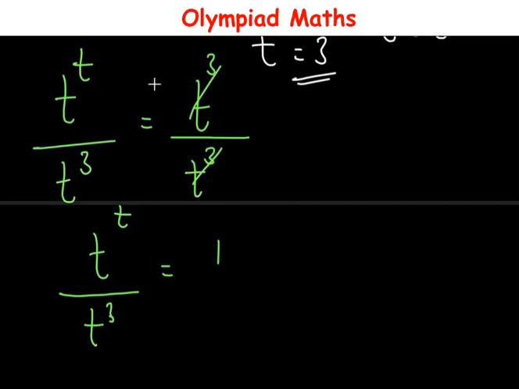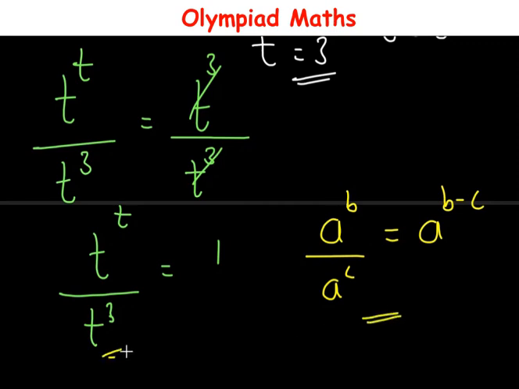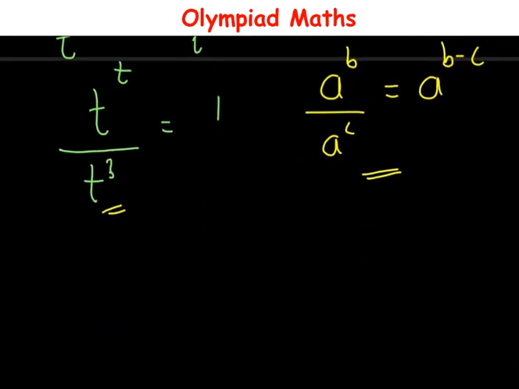Now, following this rule of indices, that if you have a raised to power b over a raised to power c, this equals a raised to power b minus c. Applying this rule, this then becomes t. Since we have the same base, you pick one, then you subtract the powers. So t minus 3 is equal to 1.